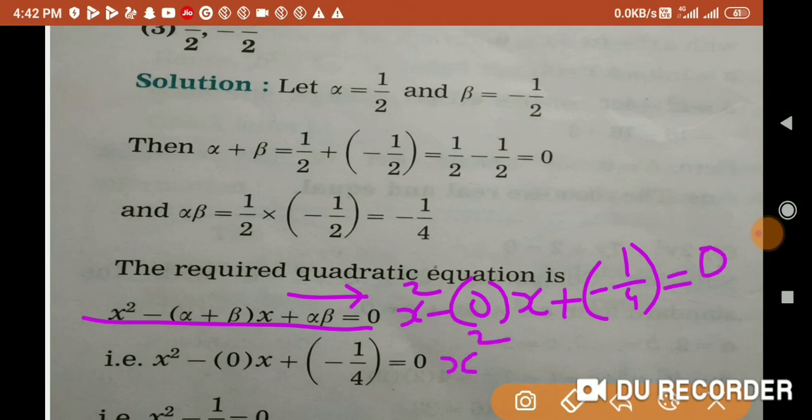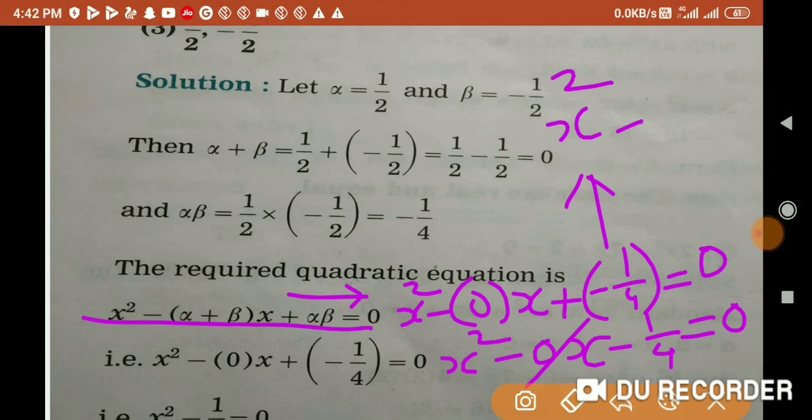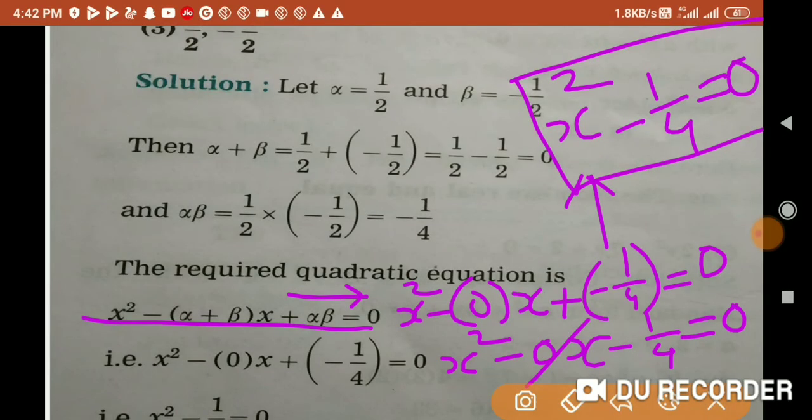That means x square minus 0x, again plus minus, minus, and here 1 upon 4 is equal to 0. This 0x is not necessary, therefore we can write directly x square minus 1 upon 4 is equal to 0. This is the required quadratic equation.